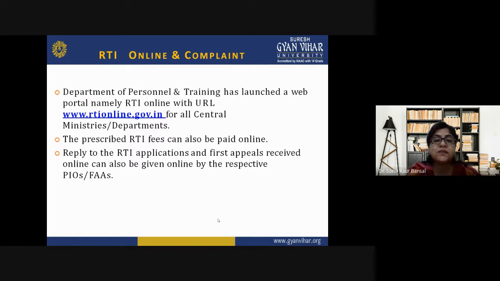The prescribed RTI fee can also be paid online. Replies to the RTI applications and first appeals received online can also be given online by the respective PIOs and FAAs.